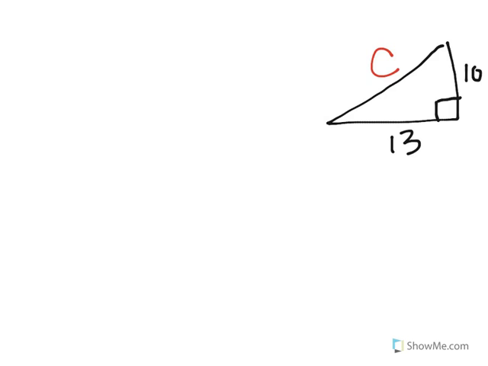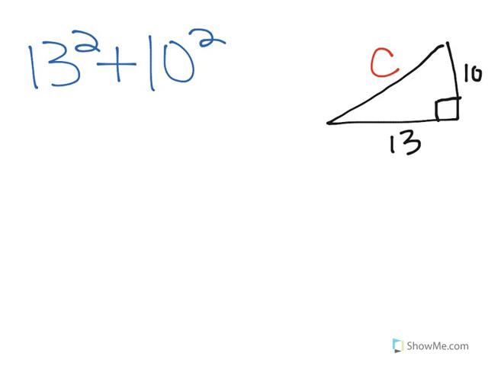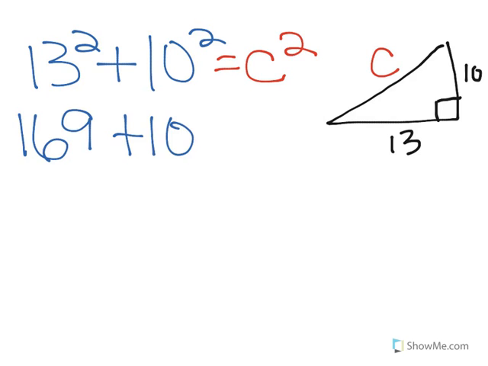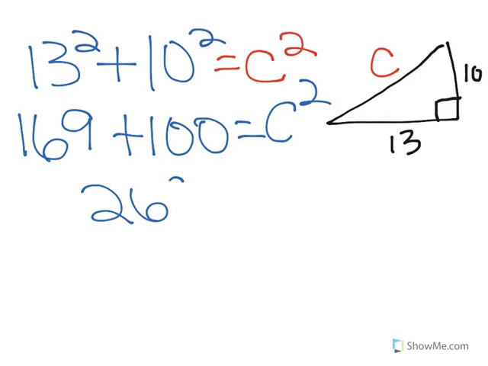We're going to take the two shorter sides, 13 squared plus 10 squared, and that's going to equal c squared. 13 squared is 169, plus 10 squared is 100, and that's going to equal c squared. 169 plus 100 gives me 269.